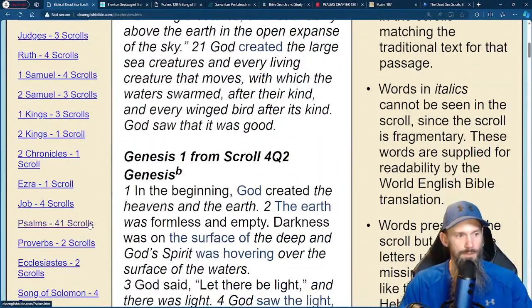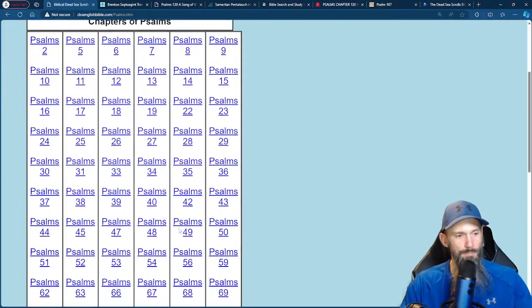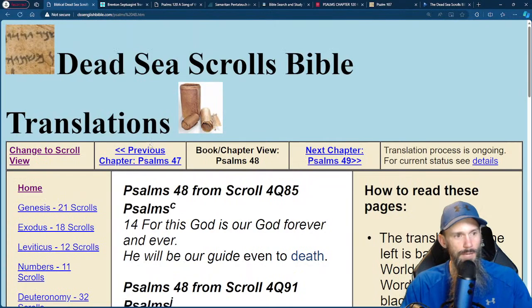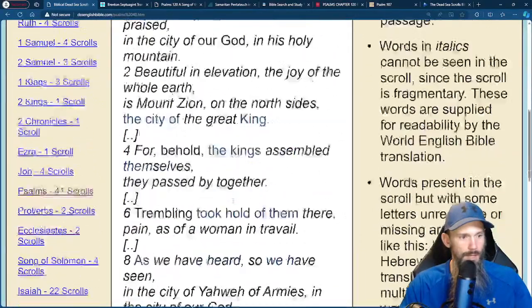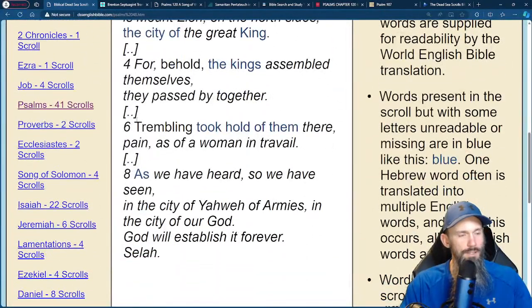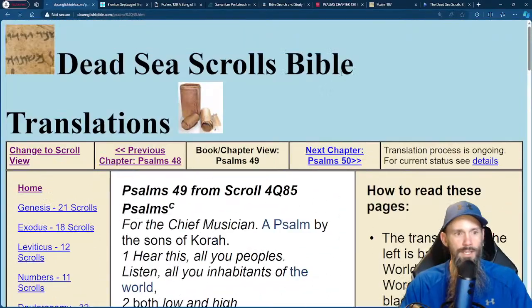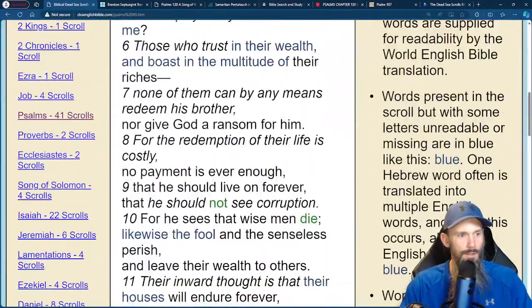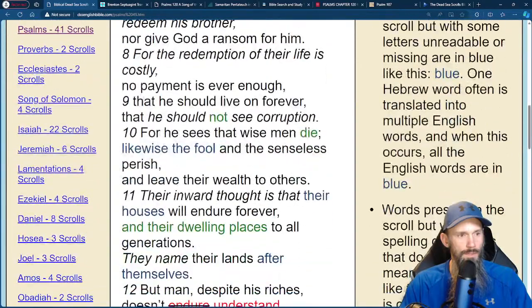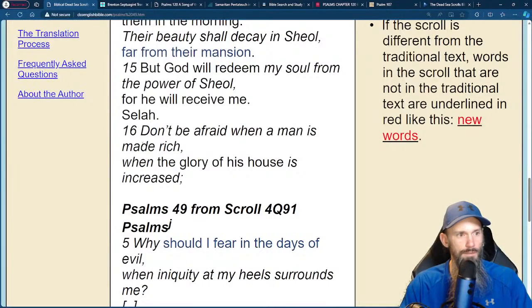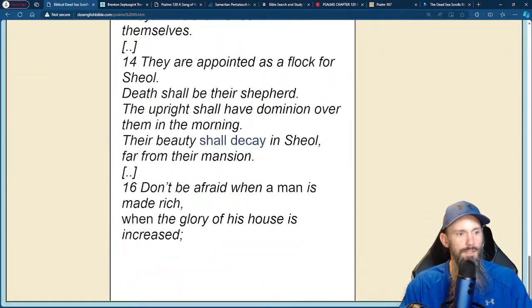For some reason, I was doing the live stream, and then I was reading in the book Psalms, and I noticed something when I went back to read the book that was missing in the live stream for this Dead Sea Scrolls translation here. It might have been 49. 12, 13, 14, 15, 16.